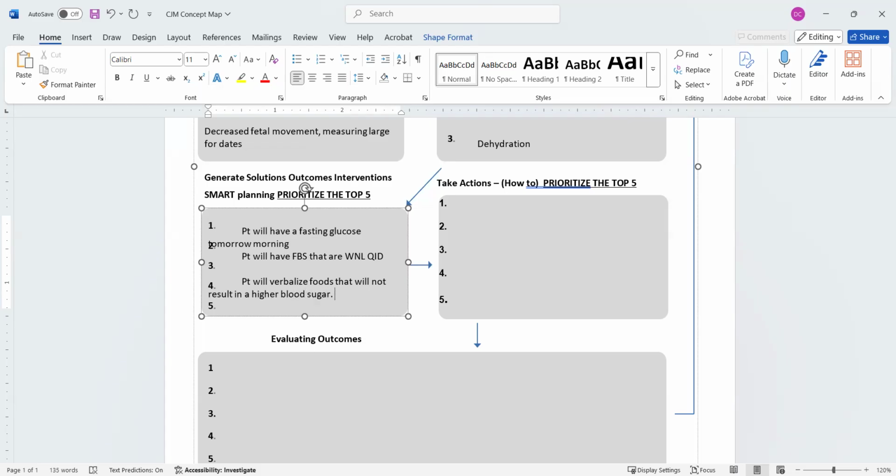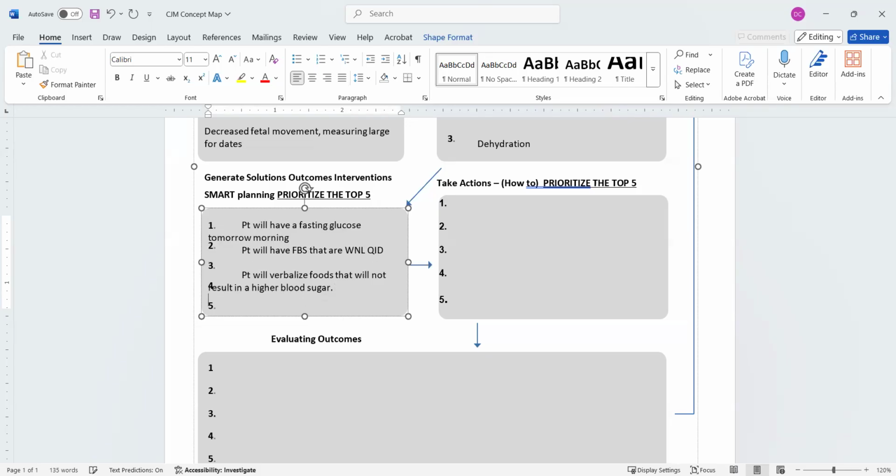So we would want them to eat more proteins, more complex carbohydrates, so that their blood glucose level doesn't spike with the simple carbs. And you'll continue with that.